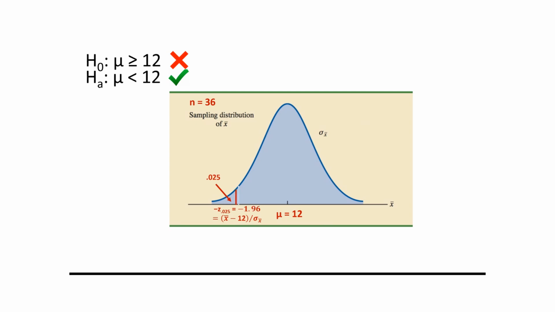If we choose the level of significance to be 0.025, any X bar value 1.96 standard error below mu equal 12 will be considered extreme enough to cast doubt on the null hypothesis and give support to our alternative one. If we choose the level of significance to be 0.005, any X bar value 2.576 standard error below mu equal 12 will be considered extreme enough to cast doubt on our null hypothesis and give support to our alternative one.